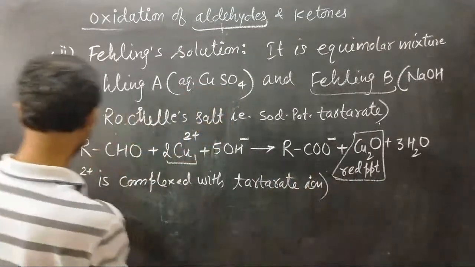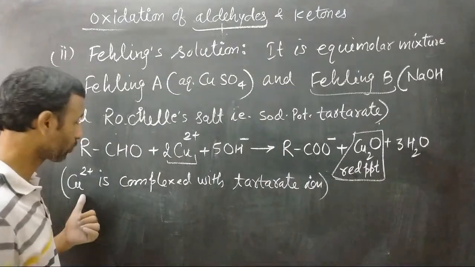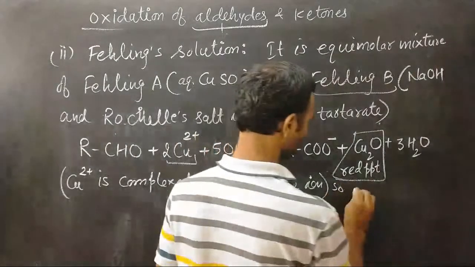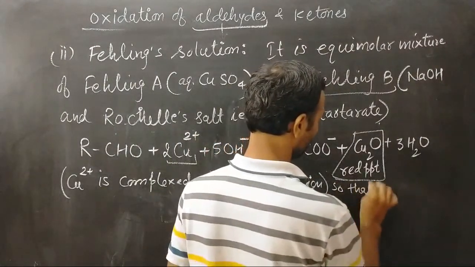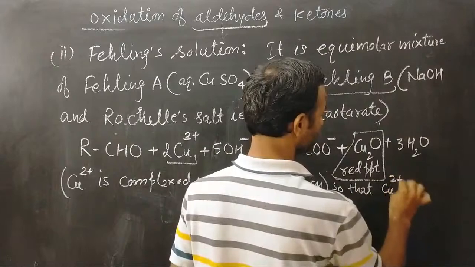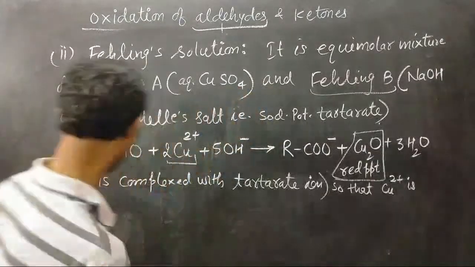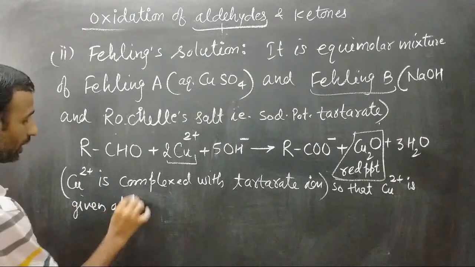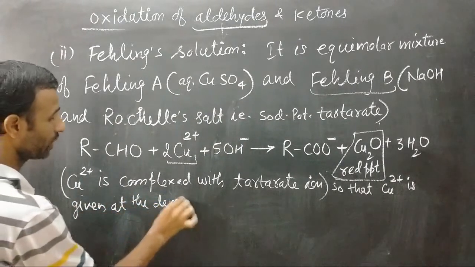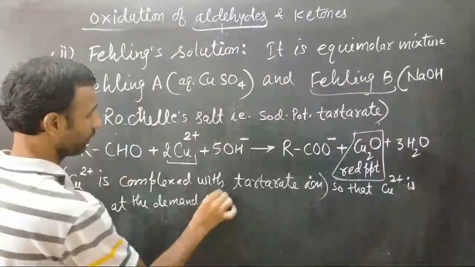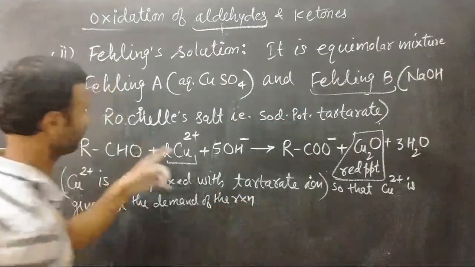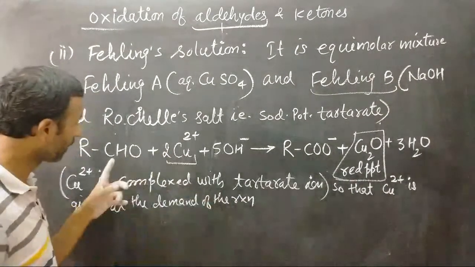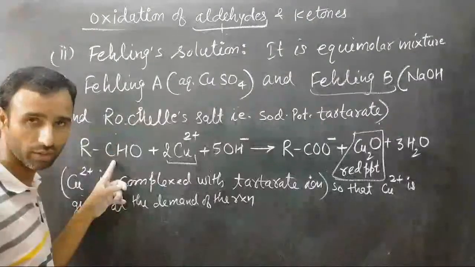In basic medium, copper 2 plus is complexed with the tartrate ion, so that copper 2 plus is given at the demand of the reaction. Copper 2 plus is released by the complex only when aldehydes are there.